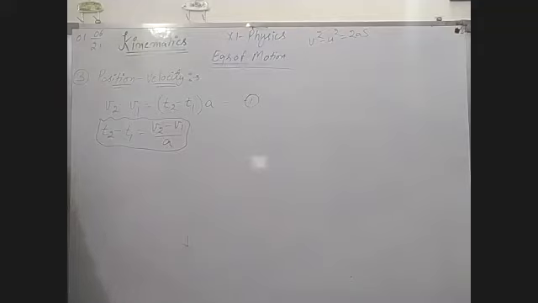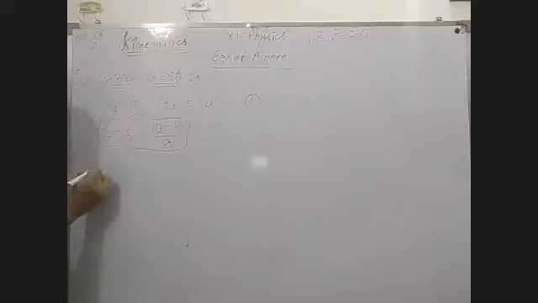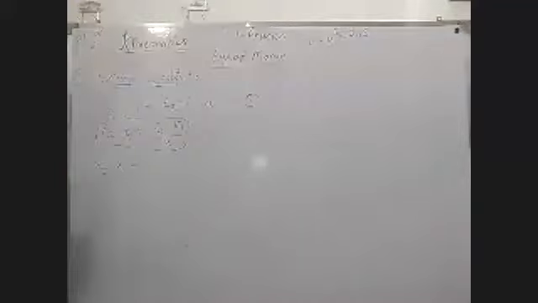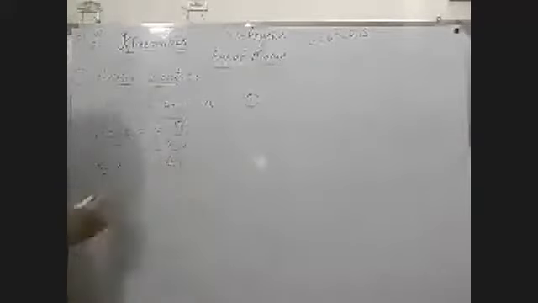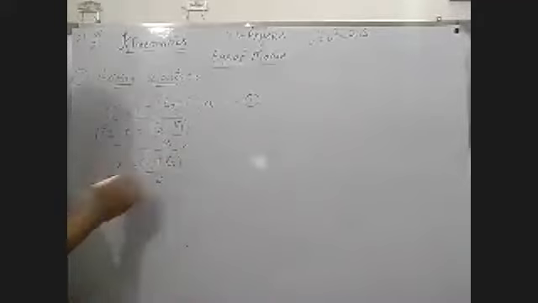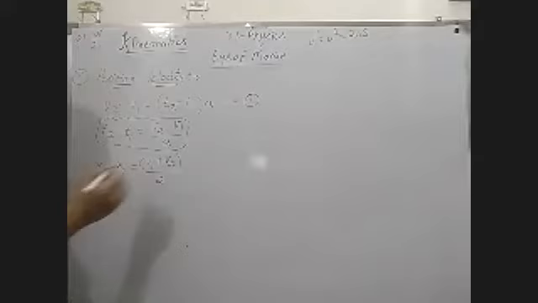Now putting this value in the equation x2 minus x1 is equal to (v1 plus v2) upon 2 times (t2 minus t1), from equation first.